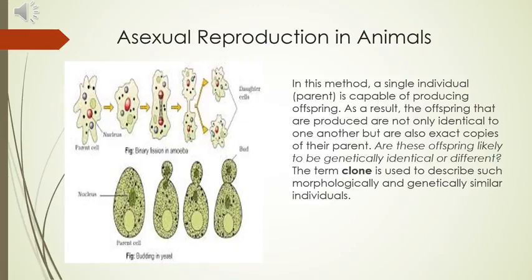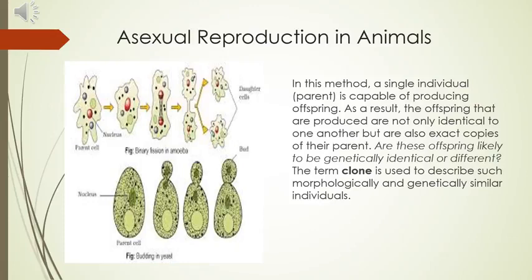Then in the third diagram you can see very well that the nucleus starts dividing into two, followed by a constriction in the plasma membrane of the amoeba cell. When it reaches the center, up to the nucleus which has almost divided, the plasma membrane also divides, and two daughter cells are formed.